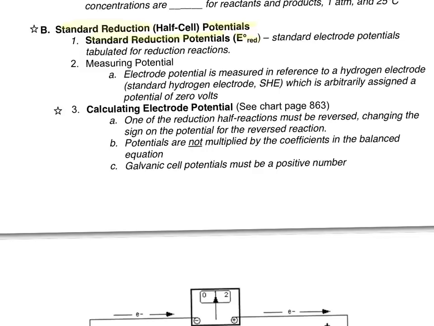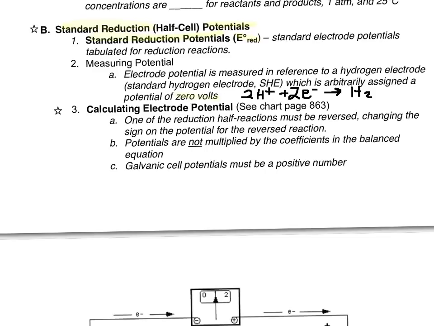They chose hydrogen as their standard, and they did everything else around hydrogen. So they gave hydrogen an arbitrary value of 0 volts for this reaction right here, and then they gave every other half reaction a reduction potential based around that 0 volts that we have for hydrogen. So it's a reference for us to start from.